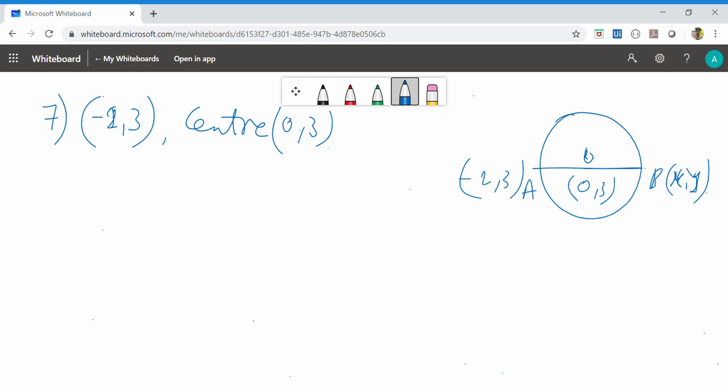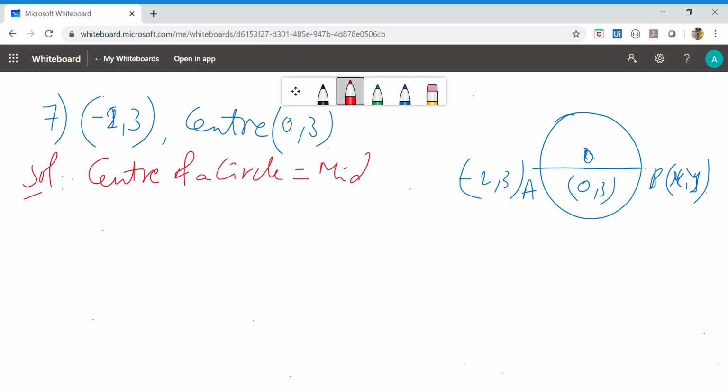Then what property or formula do you know about the center and the diameter? The center of a circle is nothing but the midpoint of the diameter.